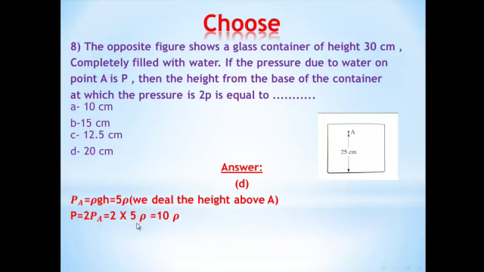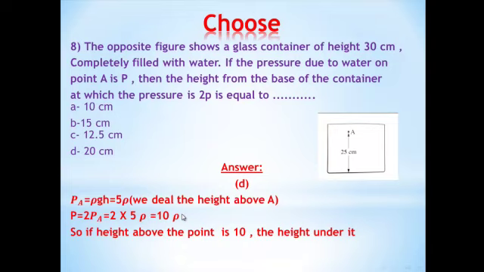And then, pressure at our point equal 2 times pressure at point A equal 2 times 5 rho g equal 10 rho g. This 10 is the height above our point, but we need the height under our point. All container 30, above it 10, so height under it will be 30 minus 10 equal 20 centimeter.